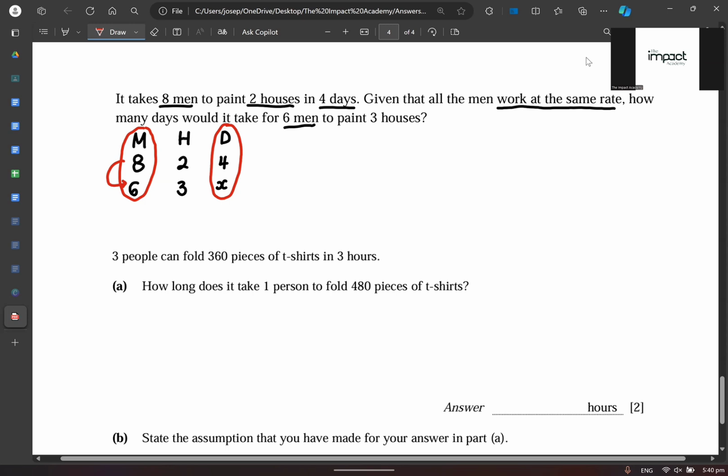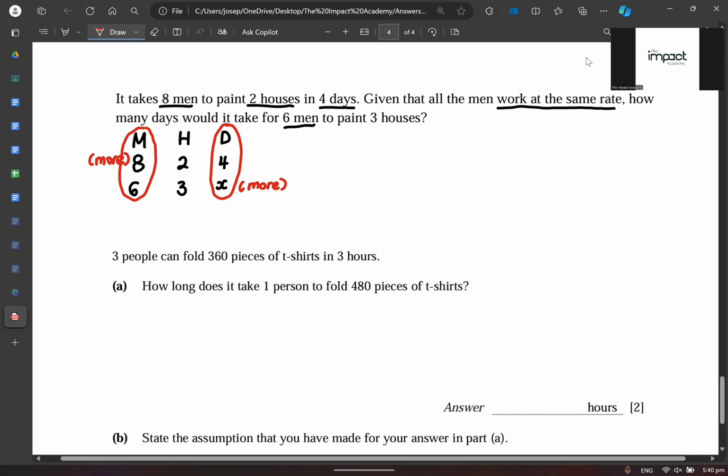So you write more over here. You don't minus 2. You just tell yourself, men decrease, that means my days has to be more. If my days is more, I'm going to take the more over here.